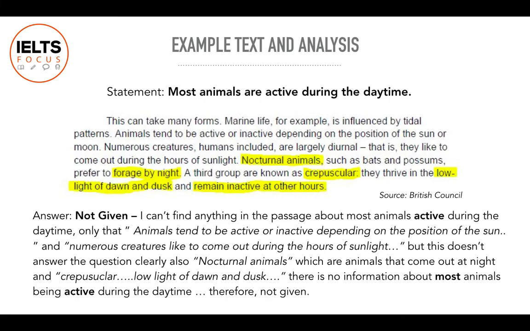So it's not given, because if I look at the passage, it says that animals tend to be active or inactive depending on the position of the sun, and also numerous creatures like to come out during the hours of sunlight. That sounds kind of similar, but it doesn't answer the question clearly. We've got the phrase nocturnal animals, which are animals that come out at night, and crepuscular, low light of dawn and dusk, but there's no information about most animals being active during the daytime. So it's not given.